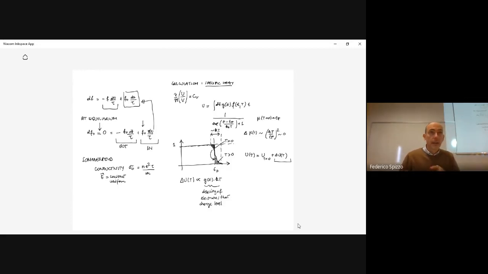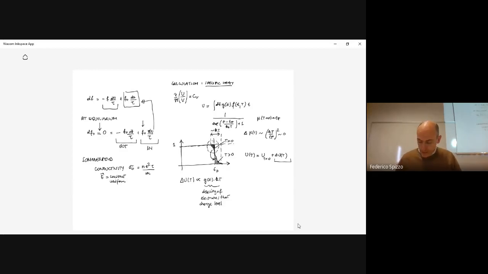So due to the increase of the temperature, those electrons move from the occupancy of the levels below EF to the occupancy of the levels above EF.